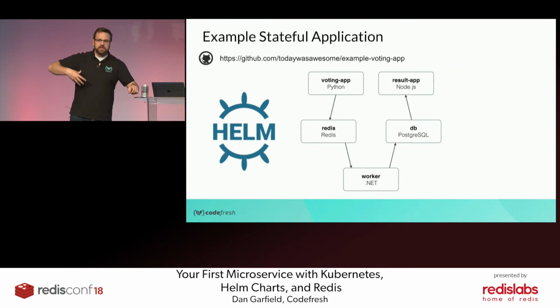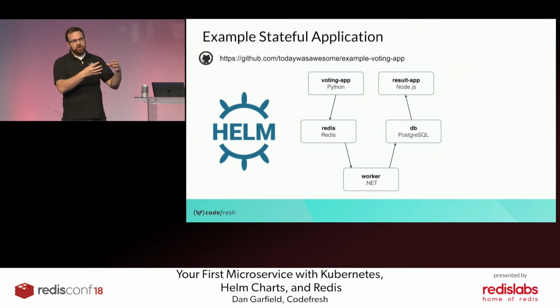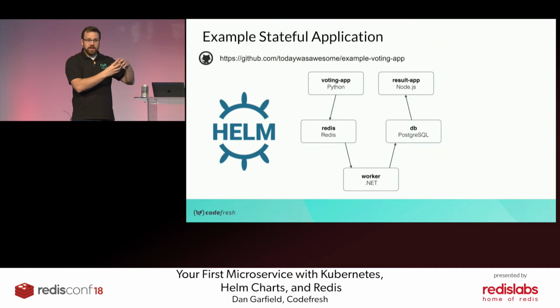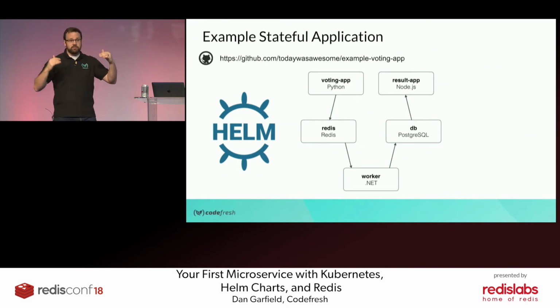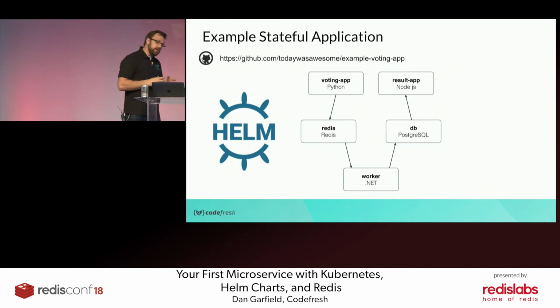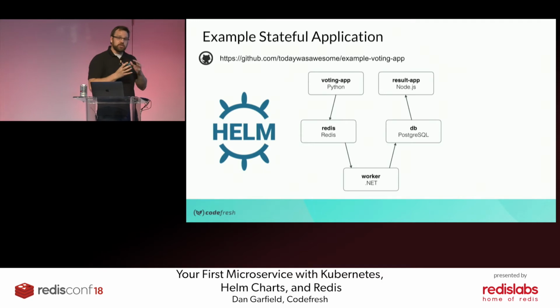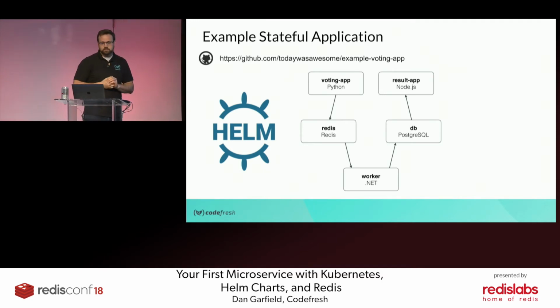Helm is basically going to render Kubernetes configuration files, apply them, and keep track of the versioning between them. So it also brings versioning to your application, in a sense.